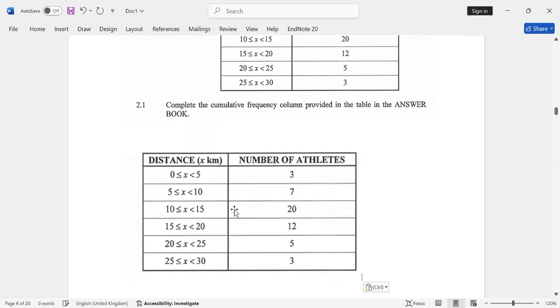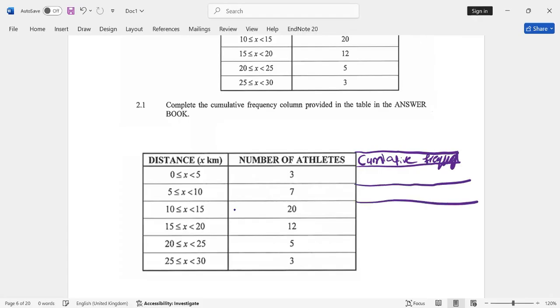All right. So I'm just making another column over here that we call cumulative frequency. Okay?